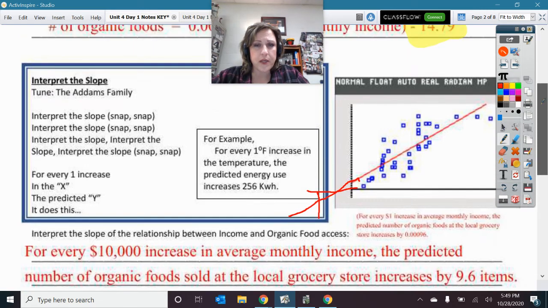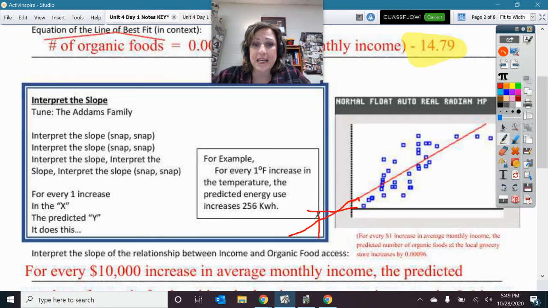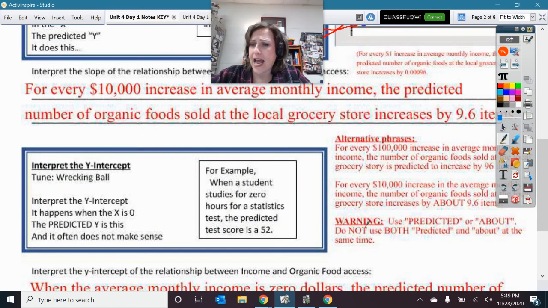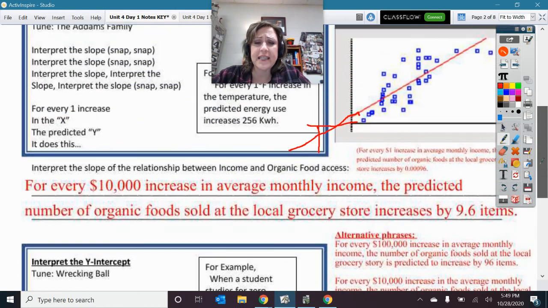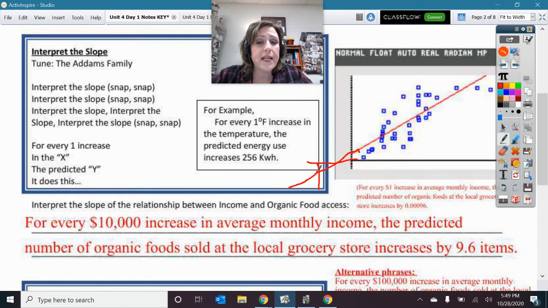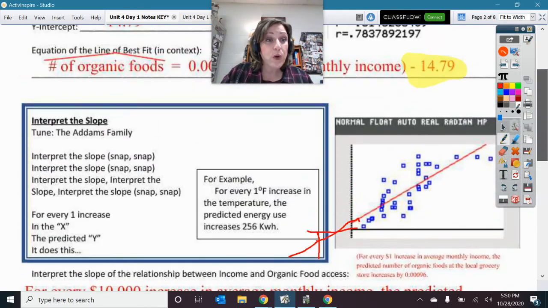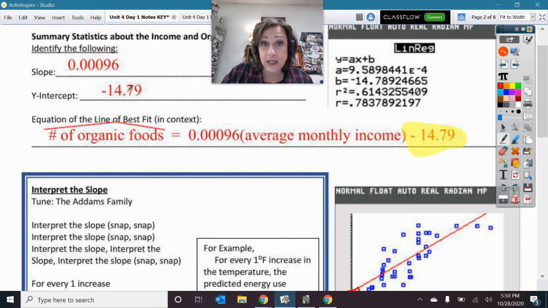Okay, so let's do it. Interpret the Y-intercept. It happens when the X is 0, and it tells me what the Y is predicted to be. Again, not what's actually happening, because as you're going to see, sometimes what's predicted doesn't even make sense in context of the problem. Our Y-intercept was negative 14.79.